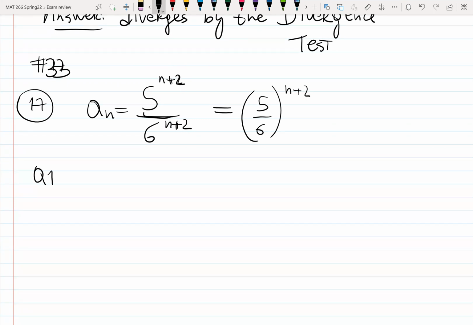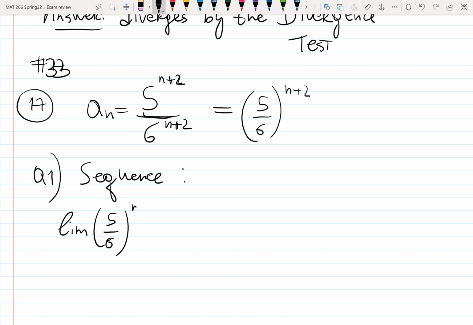Question 1: is the sequence, in bold, sequence or data set of points, converging or diverging? Well, let's check the limit. The limit of 5 over 6 to the n plus 2 as n goes to infinity gives you what? Several ways to see it, but that's actually a known geometric sequence.